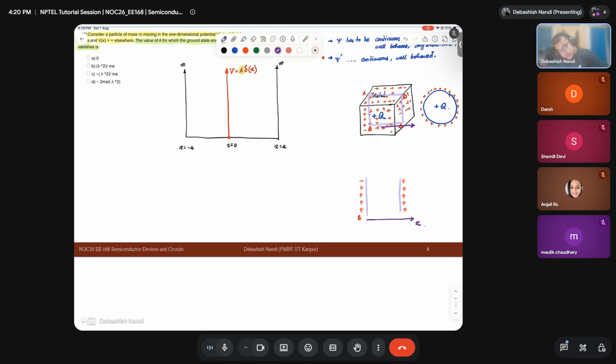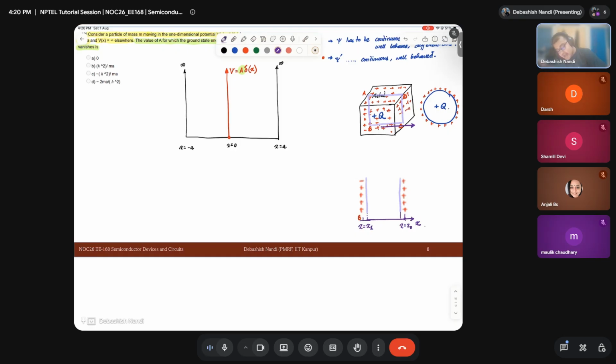So can you see that you have presence of charges only at a particular location of x? Let's say this is x equal to x0, and let's say this particular location is x equal to x1, right?